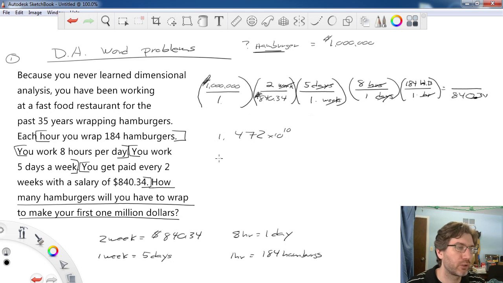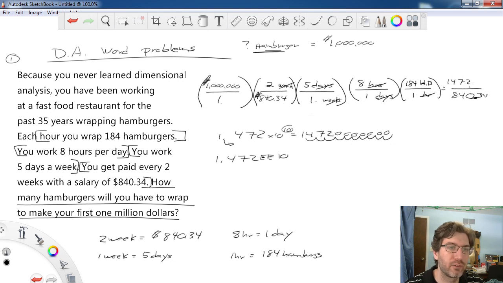If you did this in a calculator, your calculator might have said it's 1.472 EE10. Sometimes it reads that way. But this number is just moving this decimal point in that direction 10 times. So I get 1472, 1, 2, 3, 4, 5, 6, 7, 8, 9, 10 zeros.